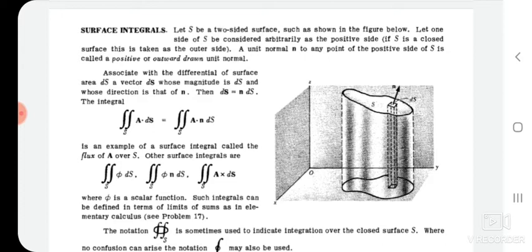Let one side of S be considered arbitrarily as the positive side. If S is a closed surface, this is taken as the outer side. A unit normal n to any point of the positive side of S is called the positive or outward drawn unit normal.